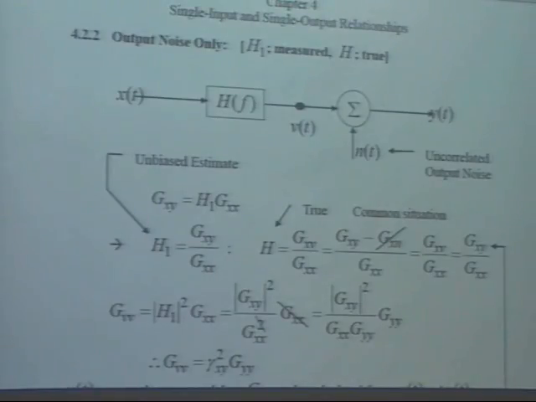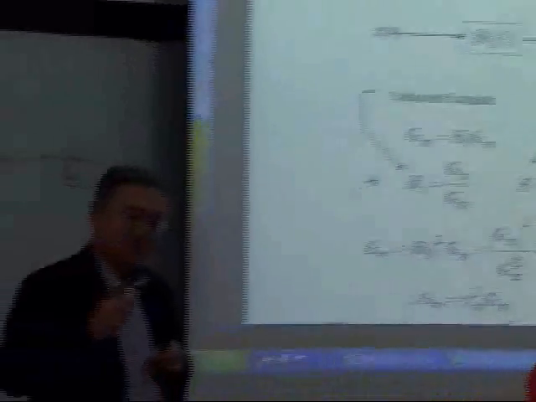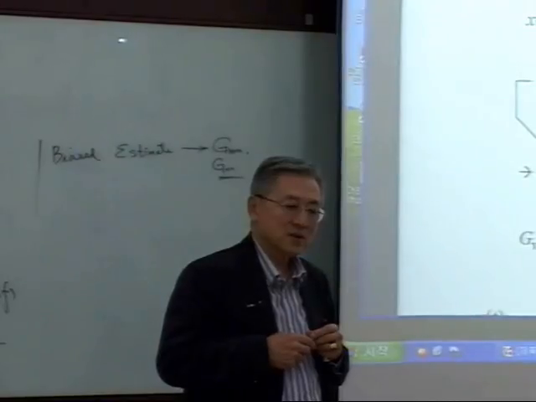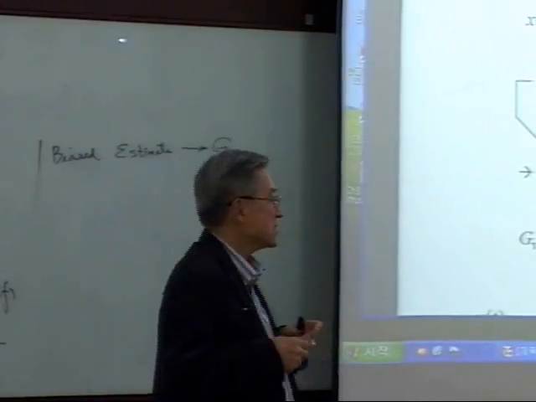Then we're going to deal with correlated noise pretty soon. So here is uncorrelated noise measured in the transducer. V is the true signal, with no noise in there.